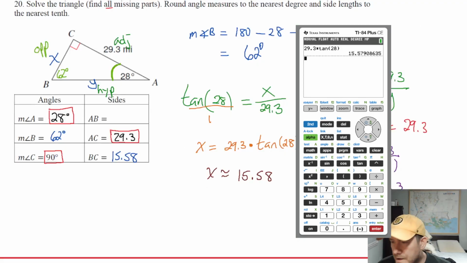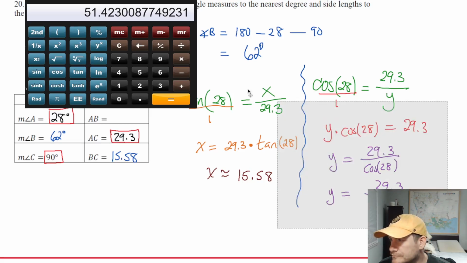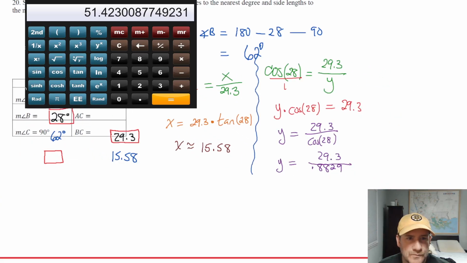Yeah, good. Okay. Let me bring up the other calculator, put the other one away. My face got in the way, didn't it? How's that? That's better. All right, calculator. So we're doing 29.3 divided by 0.8829. Okay, 33.19. Hopefully that's what you got too.